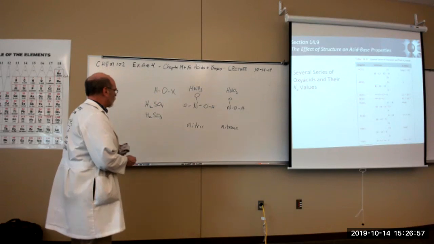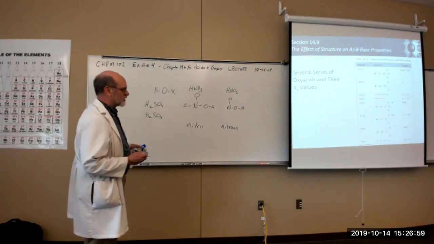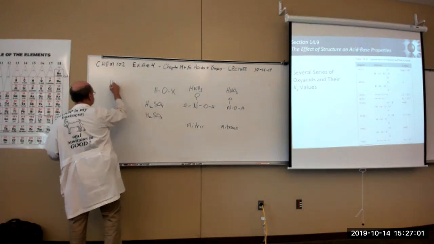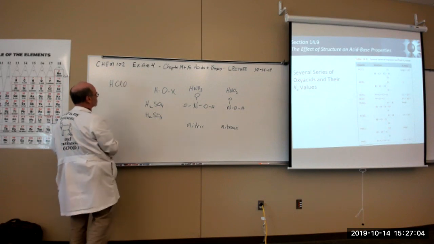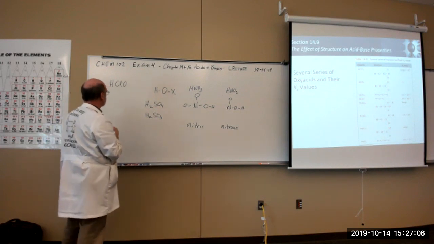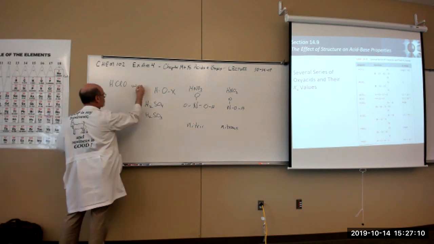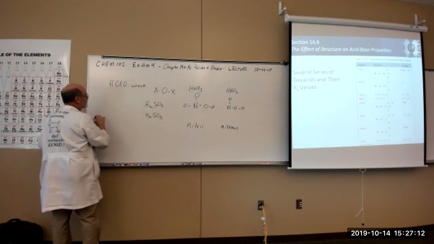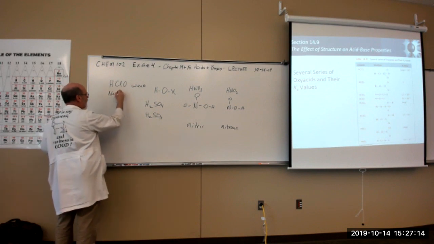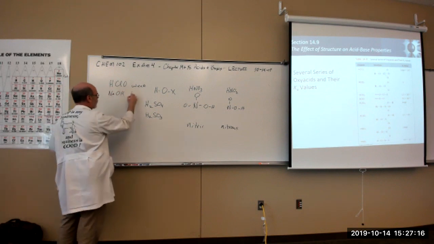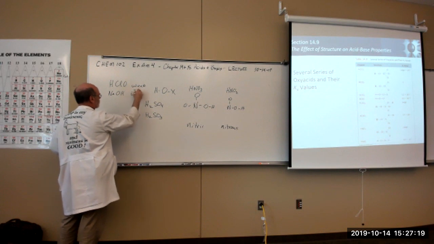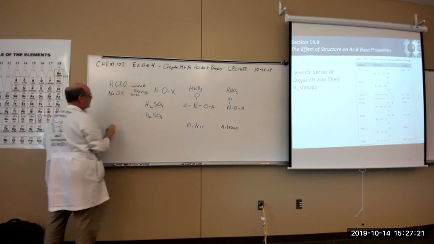So what does that mean for, let's take that by extension, hypochlorous acid. What if we substitute here instead of that? See, this is a weak acid, right? We substitute sodium in there, derived from a strong base, right?